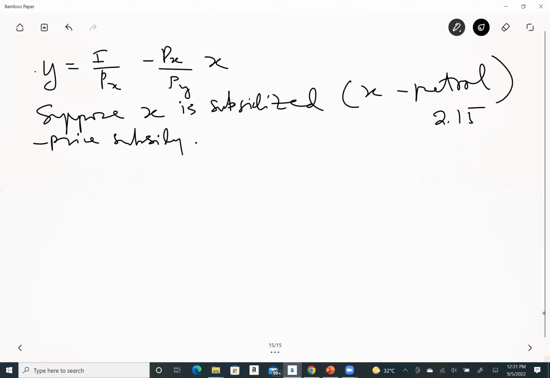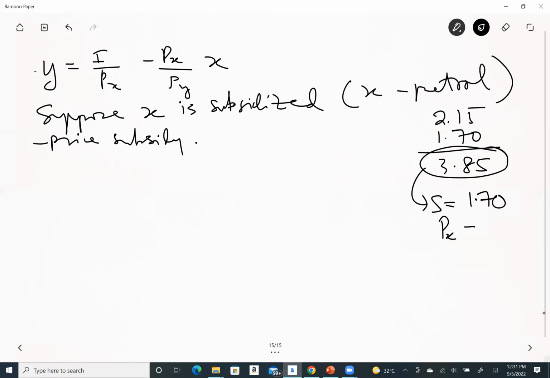Remember 215 plus 170, so 385, is the original price. Given subsidy equal to 170, what is the price now? The price will be equal to 250. So the price goes down.